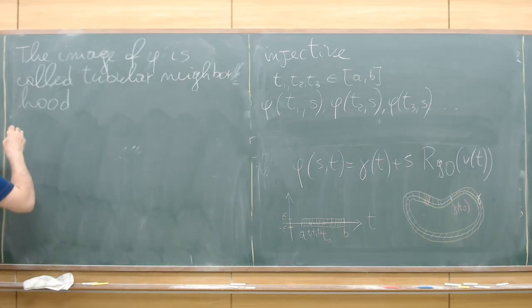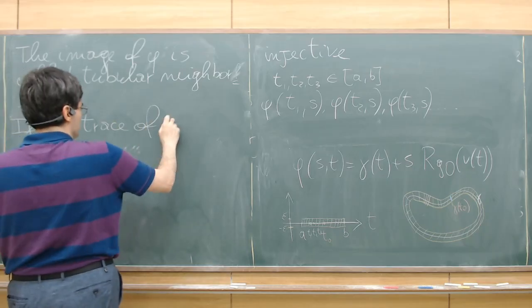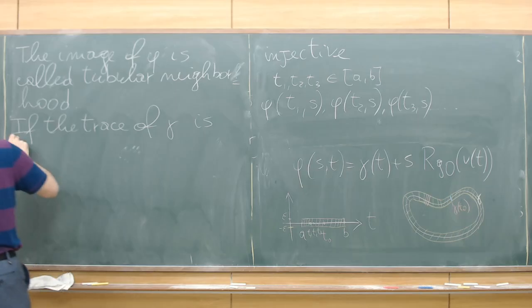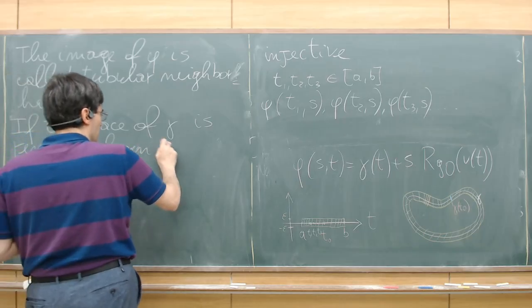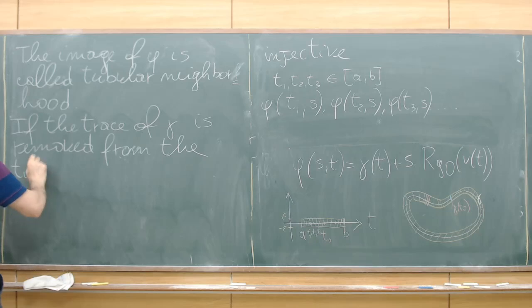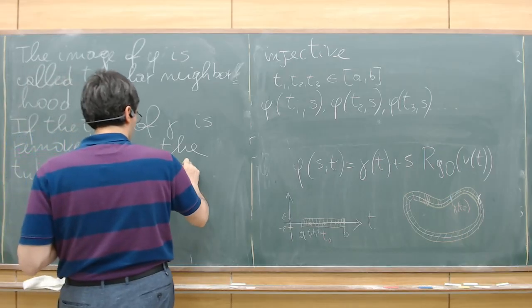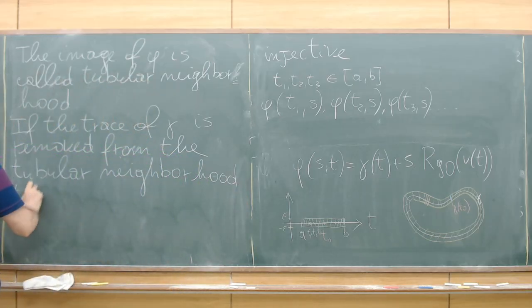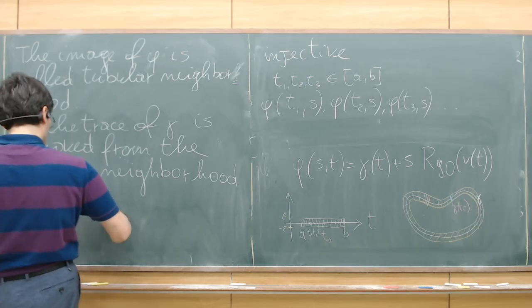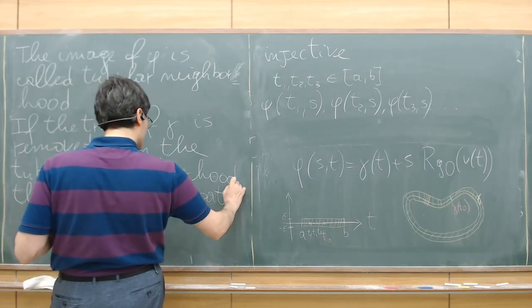So let's observe the following fact. If the trace of gamma is removed from the tubular neighborhood, then we get two path connected components.